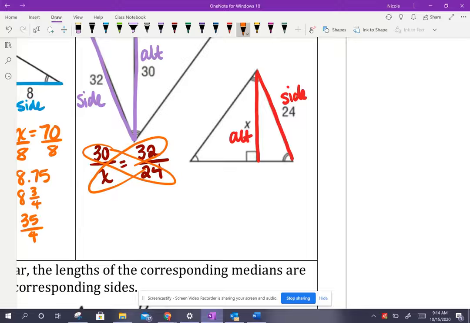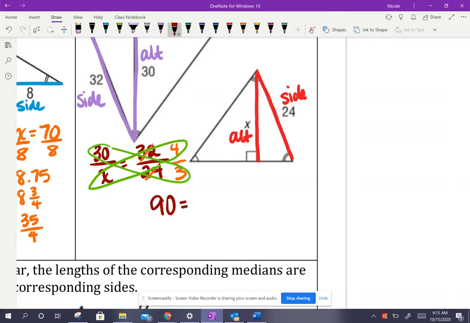And if you want, you can actually reduce here first. 32 over 24 reduces to 4/3. So I can actually say this is 4 over 3 before I cross multiply. So it turns into 30 times 3 and 4 times x.